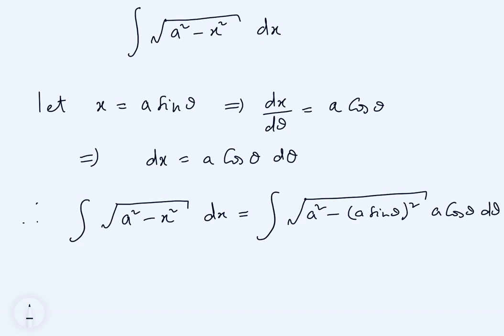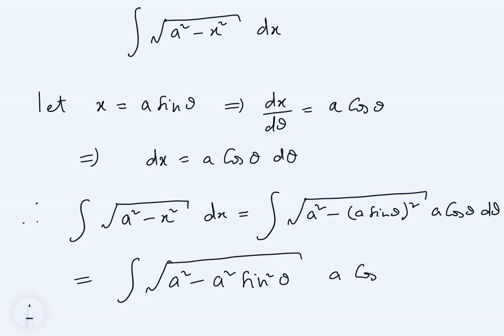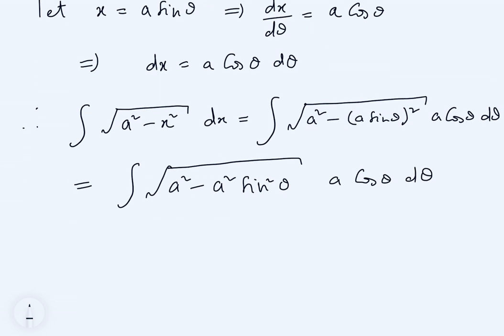So this is equal to the following. So now this is equal to the integral of the square root of a squared minus a squared multiplied by sine squared theta. So this is the same thing as that. And we still have that a cos theta d theta over there.